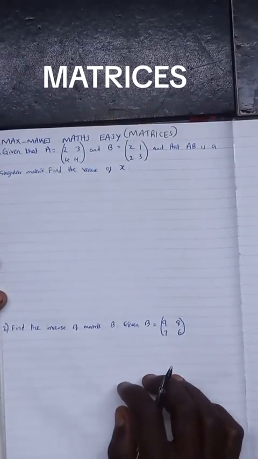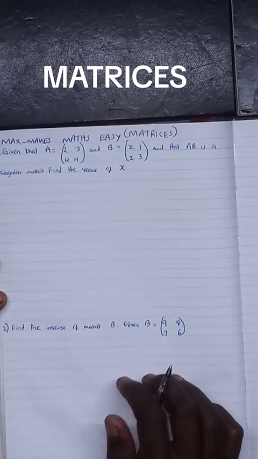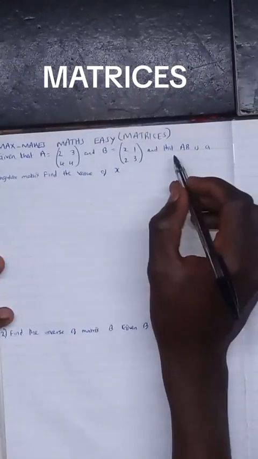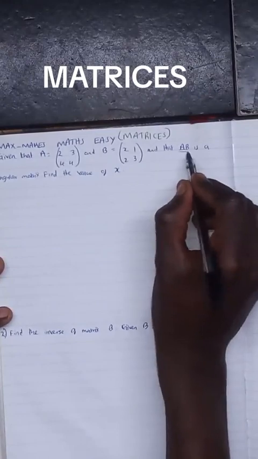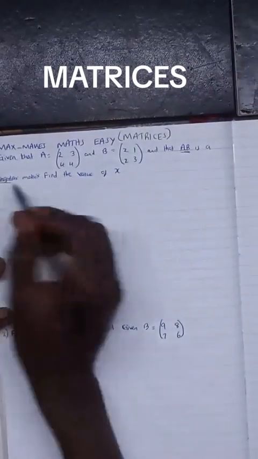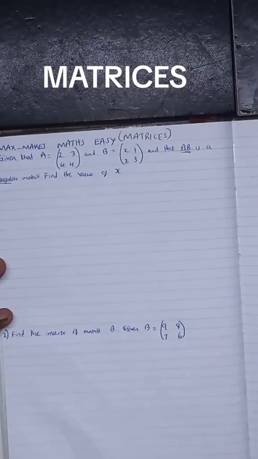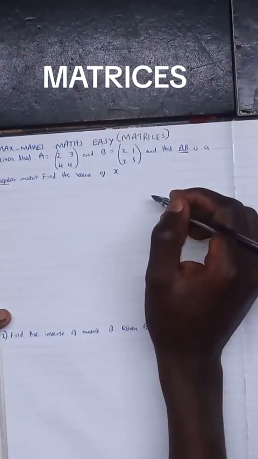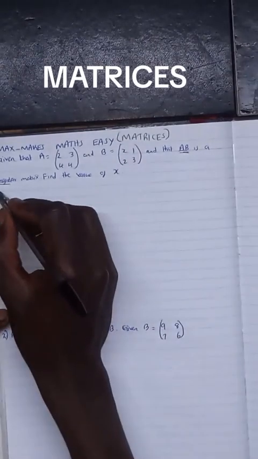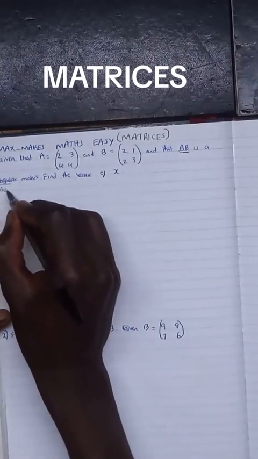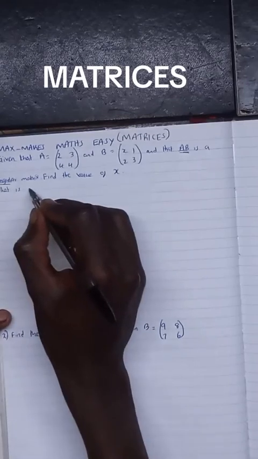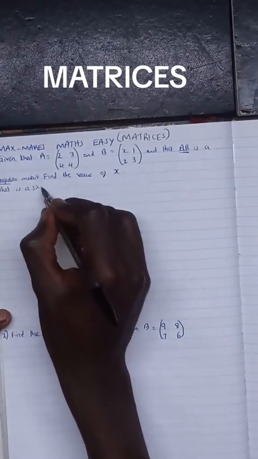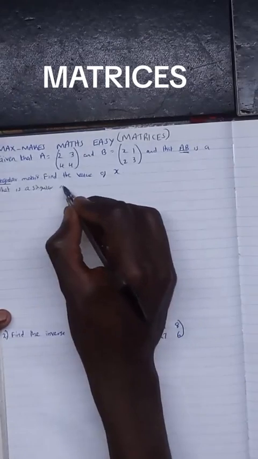So what are we going to deal with here? We are told that the matrix AB is a singular matrix. What do we know about singular matrices in Form 3? What is a singular matrix? That's a question that we are going to ask ourselves.